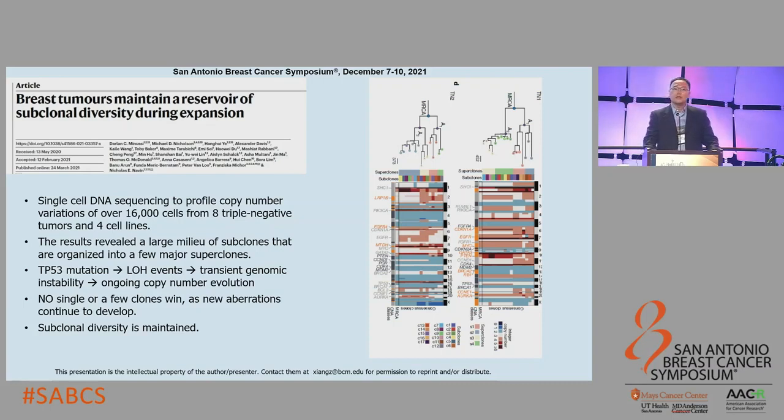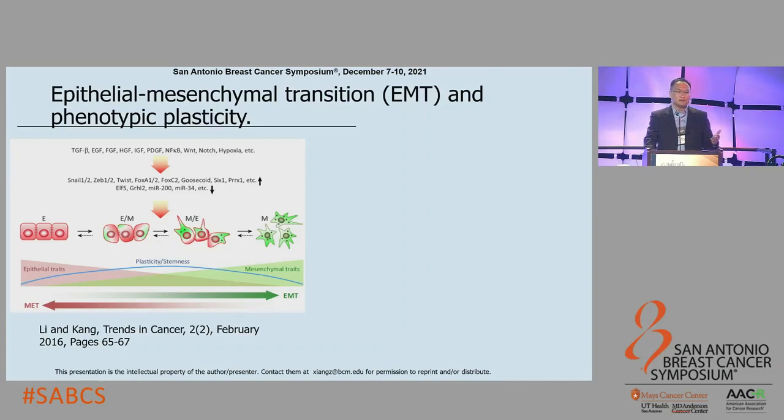So cancer cells are heterogeneous not only at the genetic level, they're also very heterogeneous at the phenotypic level. And I'd like to discuss this concept of phenotypic plasticity, but without talking about epithelial mesenchymal transition, this concept will not make sense. So what is EMT?